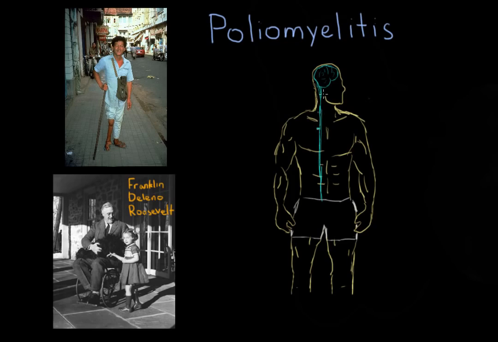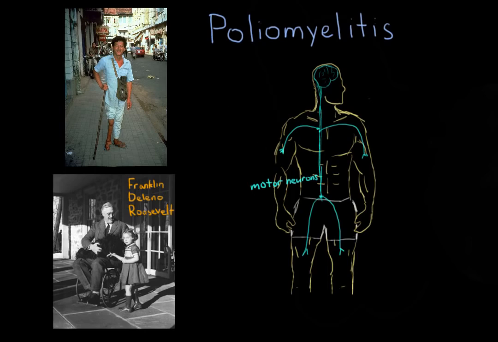These neurons that extend from the spinal cord innervate, or provide tone and responsiveness to, the muscles of the body. So the muscles of the arms and the muscles of the legs are innervated by motor neurons. Polio affects these motor neurons, causing damage to them and disability.